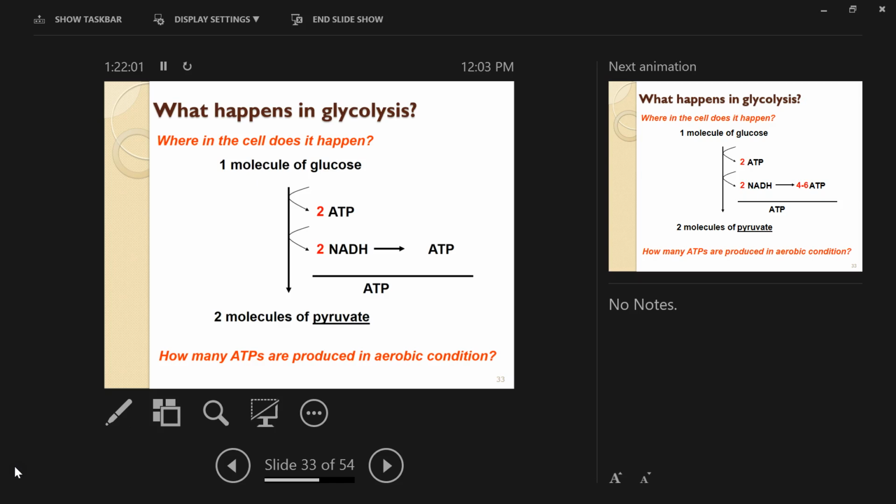it depends on which shuttle system the mitochondria use to transport NADH from the cytosol to the mitochondria. So NADH can produce either 2 or 3 ATPs. We're going to explain this later. Why sometimes, or in some types of cells, the NADH from glycolysis only produces 2 ATPs, and other types of cells are able to produce 3 ATPs, depends again on the shuttle system across the mitochondrial membrane.